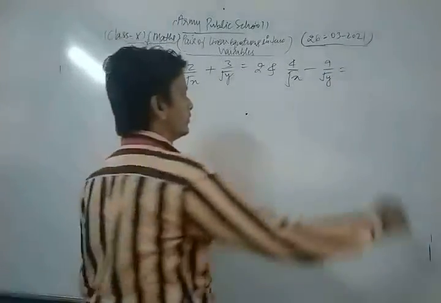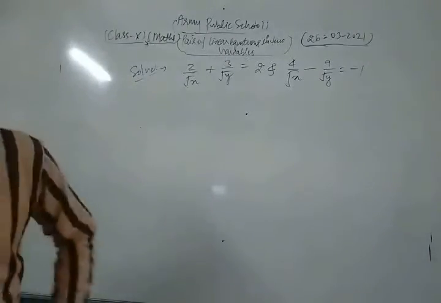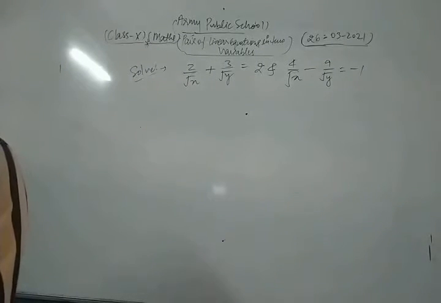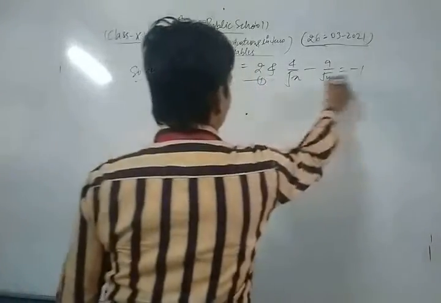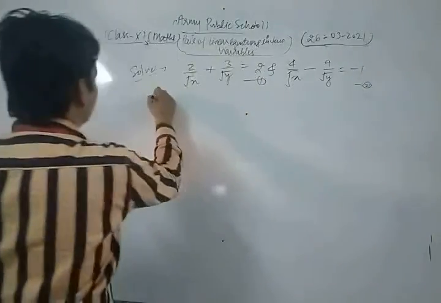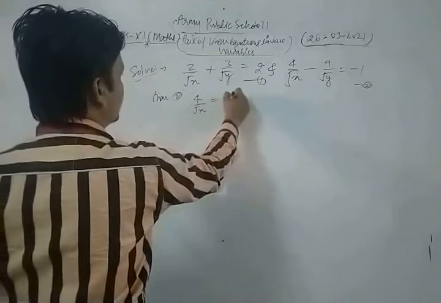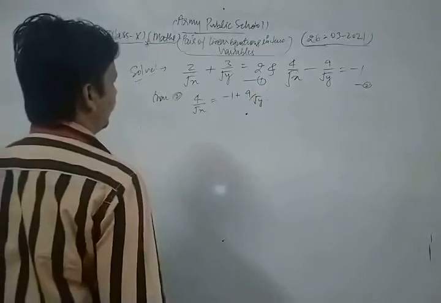Okay, now we find the value of x and y. Okay, let's see its solution. So this is equation number 2. From equation 2 we get 4 upon under root x is equal to minus 1 plus 9 upon under root y.